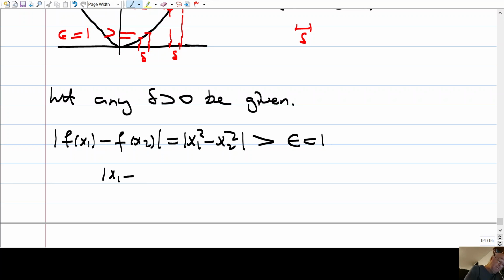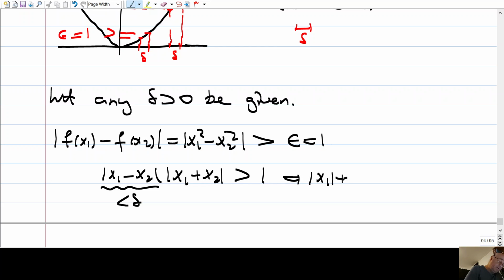This is x1 minus x2 times x1 plus x2. Since x1 minus x2 will be less than delta, this should be larger than 1 over delta.